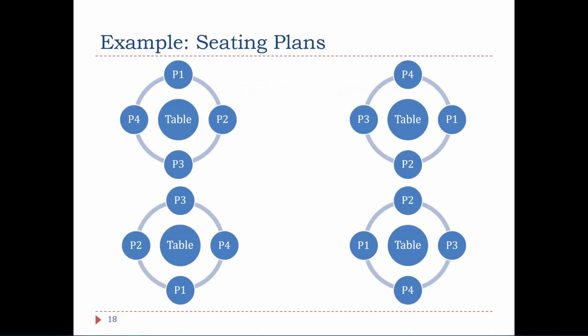Just for example, all these 4 different seating plans are equivalent according to what we learned on the previous page. In the seating plan, P1's left is P2, and P1's right is P4. So necessarily P3 is facing P1.